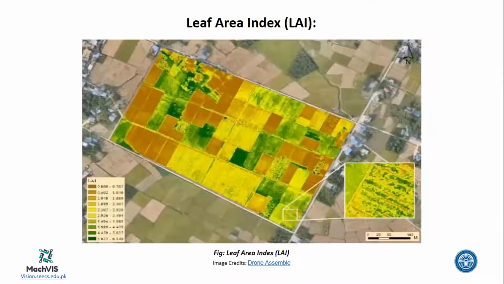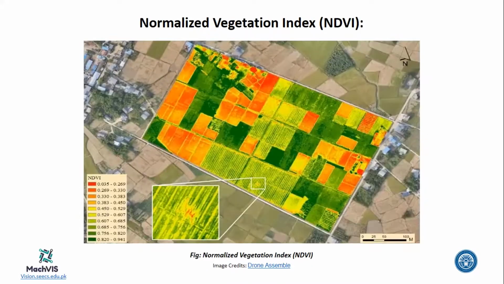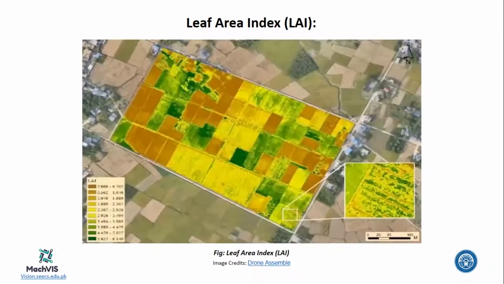Some other indices. Leaf area index. If you see this particular region and this particular region, in the previous visualization of the same region, we had very low NDVI values in these areas.